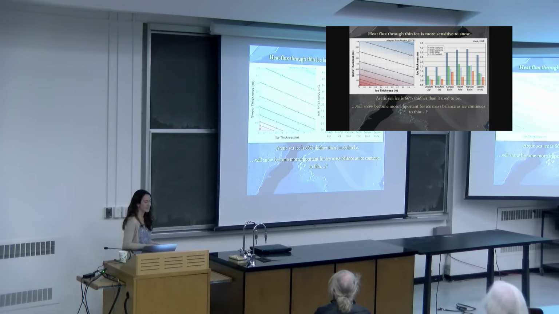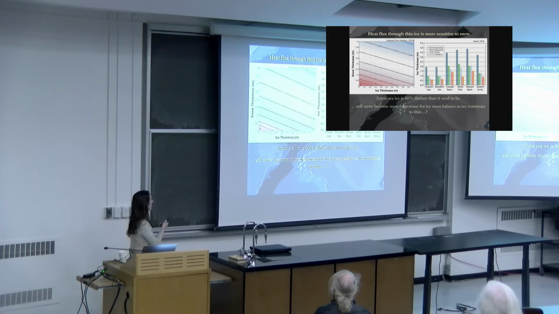And a really nice example of this is from a modeling study by Gary Maykut in the late 70s. Is this model representation of thermal conductance as a function of snow thickness and ice thickness. So here on the left is snow thickness, on the x-axis is ice thickness, and these numbers represent the thermal conductance through the ice pack and the snow cover. The main takeaway is that a little bit of snow can go a long way in insulating the ice, especially for thinner ice categories.